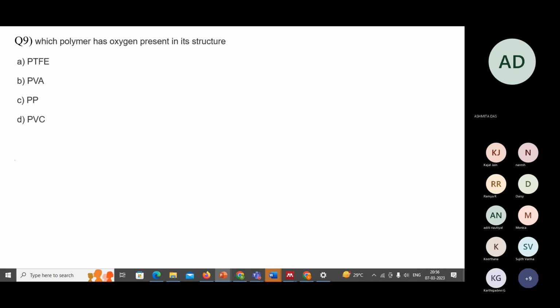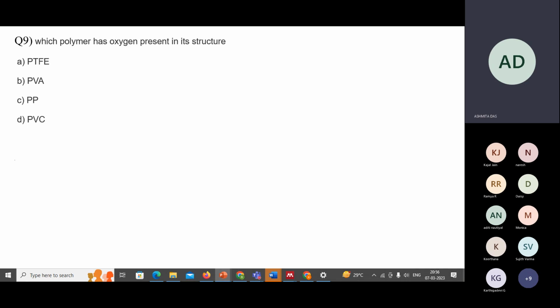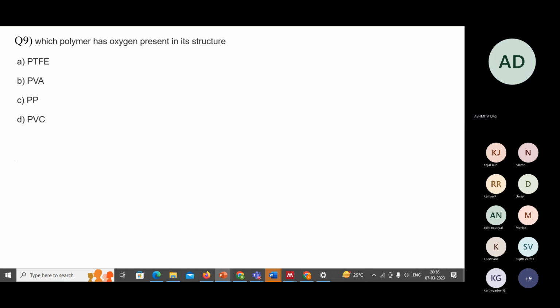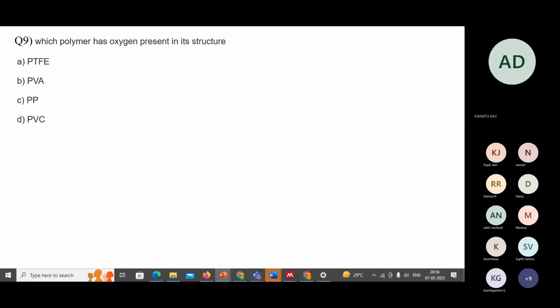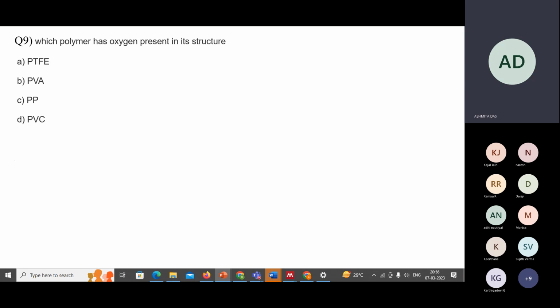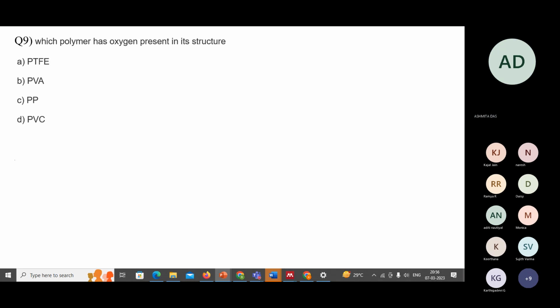Polytetrafluoroethylene. And what is the monomer of this polymer? Tetrafluoroethylene. Correct. PVA, what is the full form of PVA?